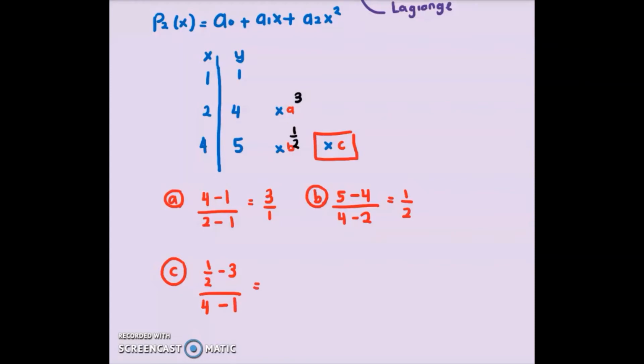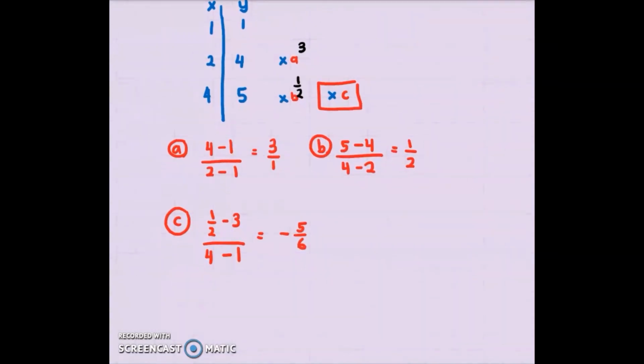Okay, so half minus 3 is minus 5 over 2 divided by 3 is negative 5 over 6. Okay, so we have obtained all the values from the table.